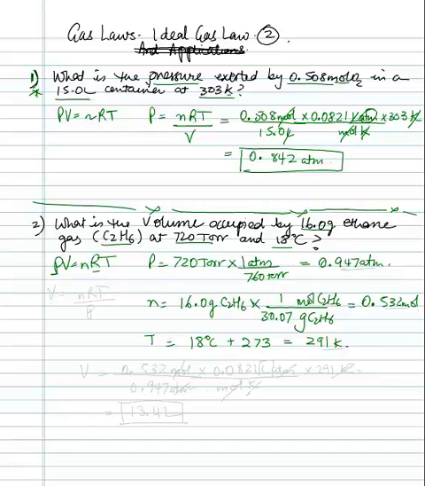Now we'll go ahead and set up for our volume, which is nRT divided by P. So here we are. N is our moles, 0.532 moles. R is 0.0821 liters atmosphere per mole Kelvin, and then the temperature is 291 Kelvin divided by the pressure, which we calculated as 0.947 atmosphere.